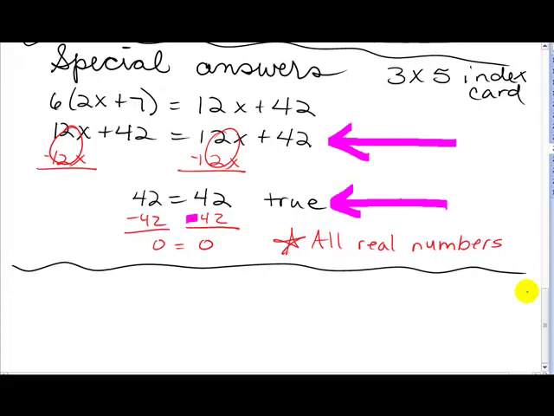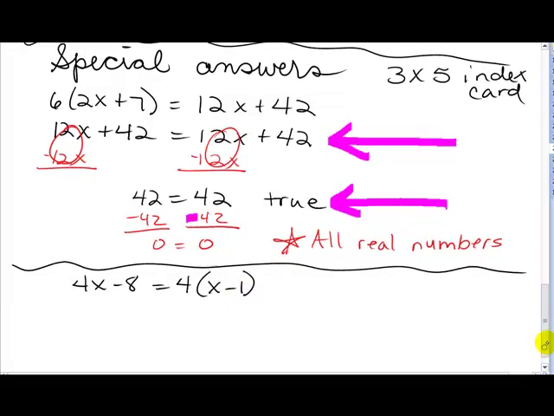Let's look at another one that has a special answer. Gotta do the distributive property again first. Now at this point, if you notice, we've got 4x on both sides. When I go to subtract that, minus 4x, that becomes 0.